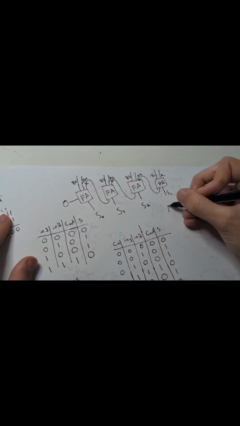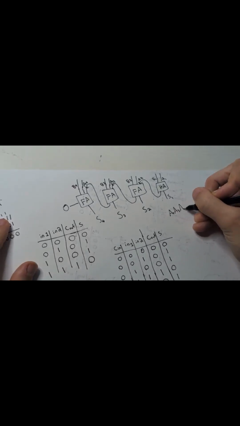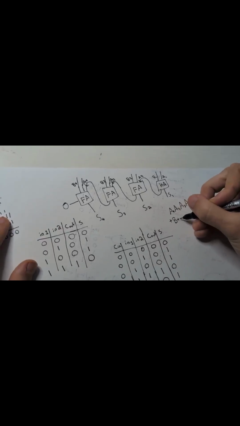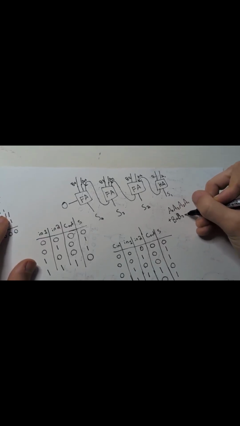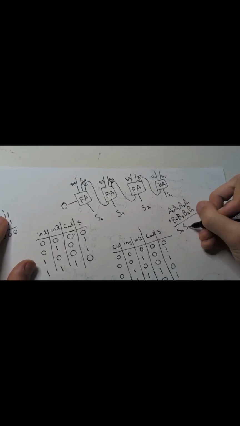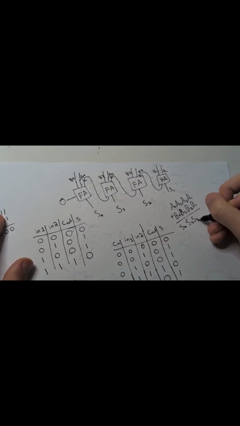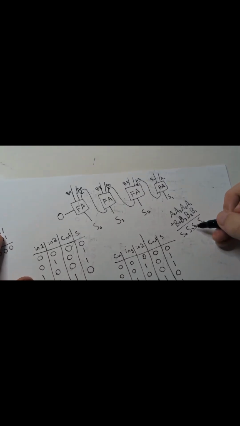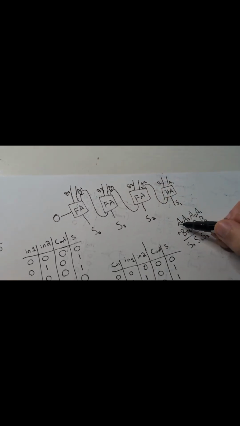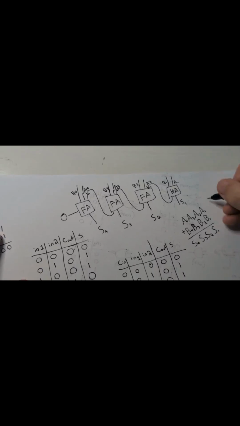So then we can say that this number plus B4, B3, B2, B1 is equal to sum 4, sum 3, sum 2, and sum 1. And then whether or not this electricity is on or off is represented by adding binary digits for both of these. And then this is what we'd call a 4-bit adder, because we have 4 bits coming in and coming out.